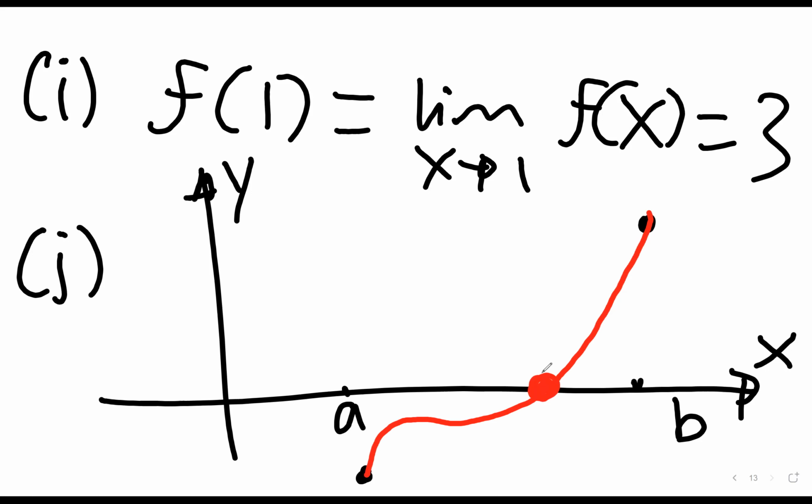The meaning of this is that there exists a point c so that at this point, the value of the function is 0.